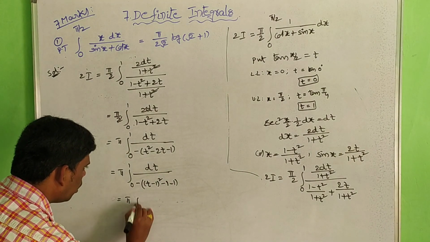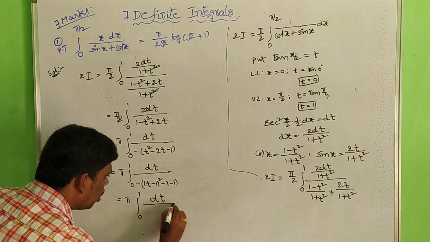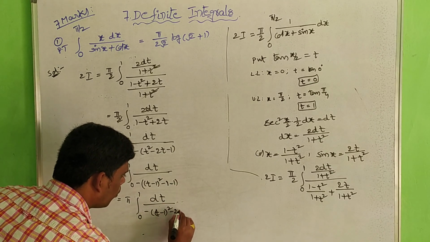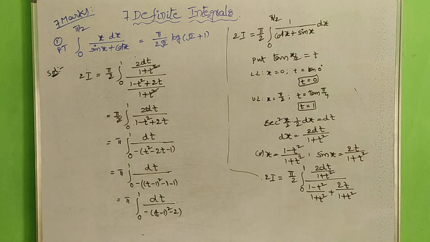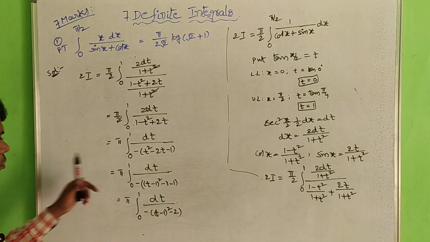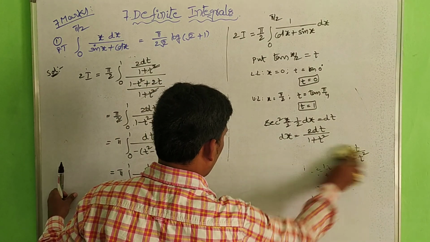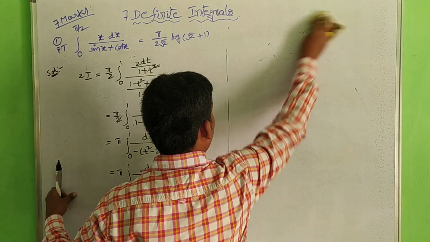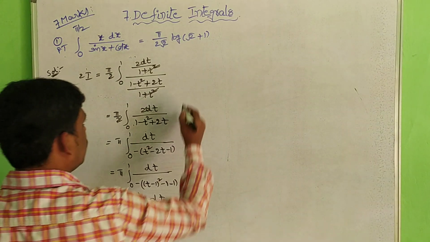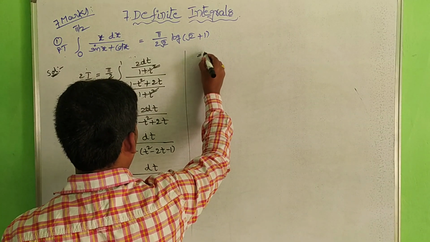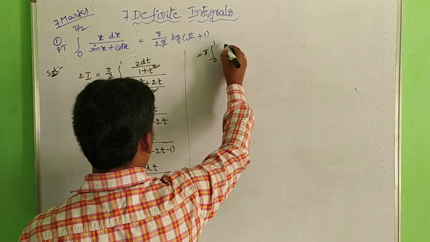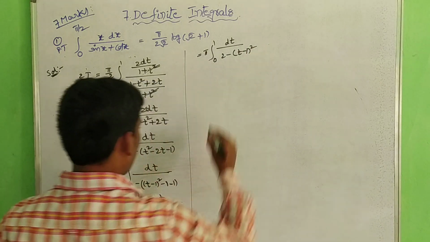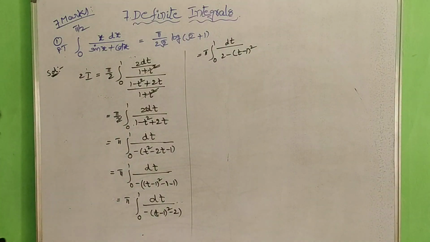That equals pi integral 0 to 1 dt by minus of t minus 1 whole square minus 2. Multiplying with minus, these two terms are interchanged. That equals pi integral 0 to 1 dt by 2 minus t minus 1 whole square.